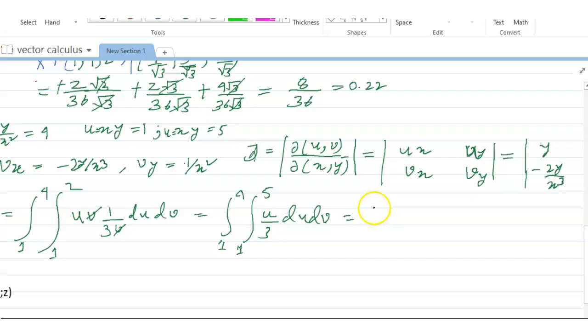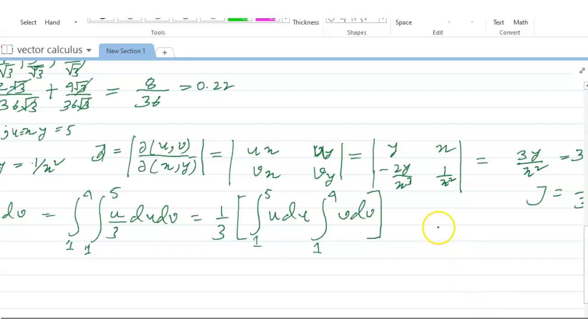And now we use here 1 to 5 of u into du and 1 to 4 of dv.